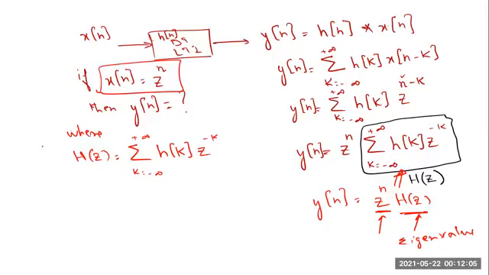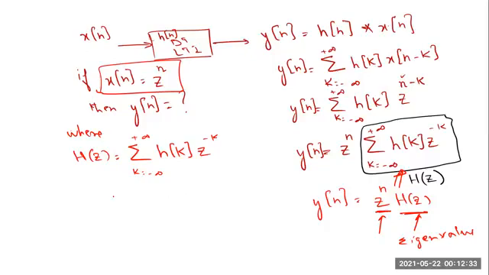Now, what is the usefulness of these complex exponential signals? We will come back to discrete time systems later on in this lecture, and in the next maybe 2 lectures. Our focus will be only on continuous time LTI systems.